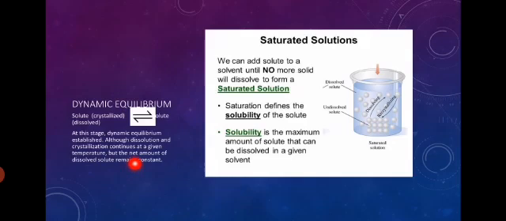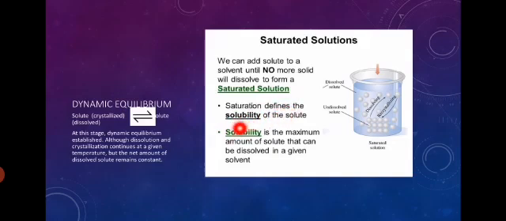At this time, crystallized solute is also present at the bottom of the container, and the dissolved solute present in the solvent is almost constant. So here we say that we have established dynamic equilibrium. We can add solute to the solvent until no more solid will dissolve, forming a saturated solution.